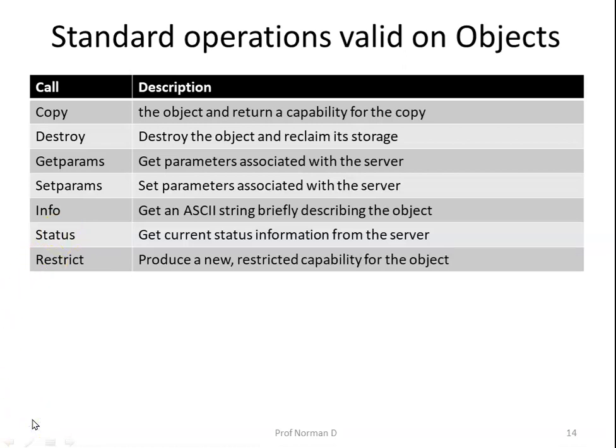The status call returns status information, for example, how much free memory it has. And the last call is the restrict call. This restrict call generates a new capability for the object with a subset of the current rights. So we have just seen how the restricted capability is created.